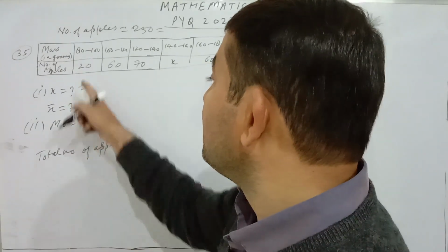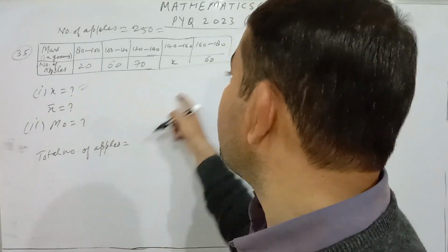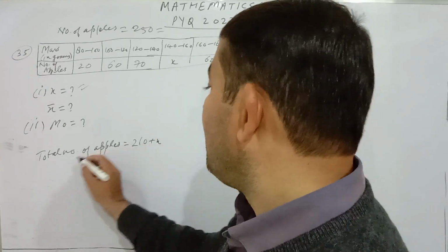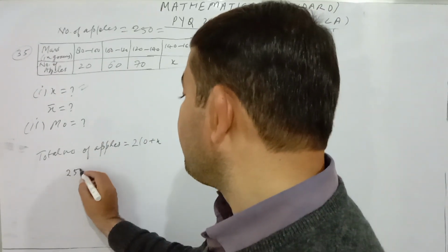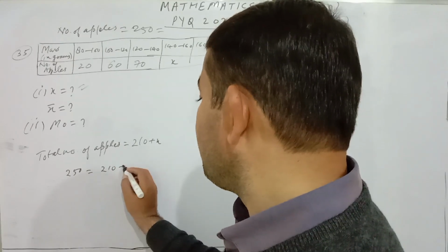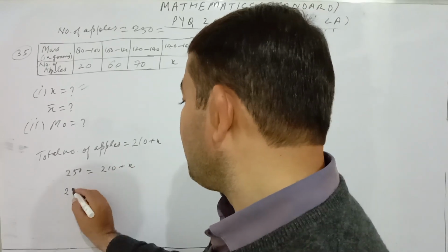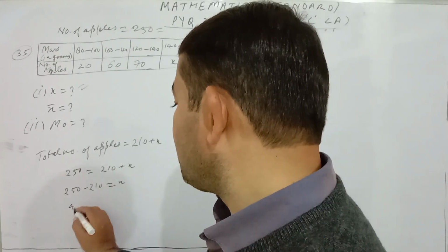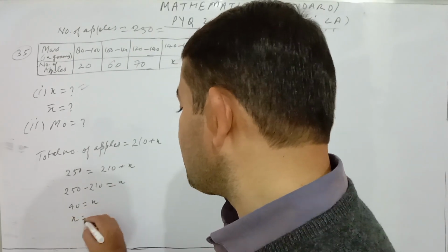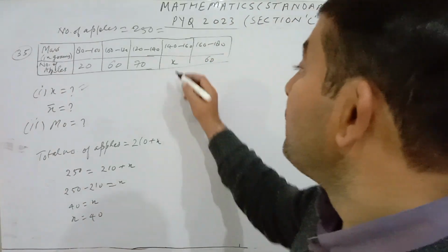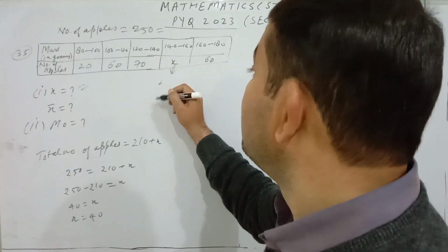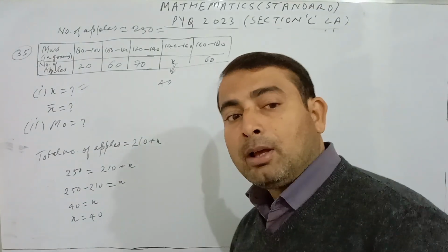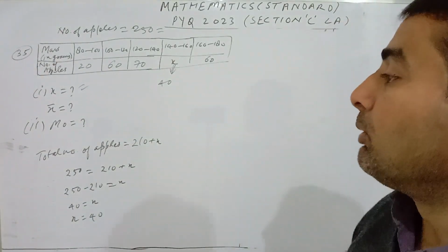So it will be 210 plus x. And total number of apples is 250, equals 210 plus x. So 250 minus 210 equals x. Then 40 equals x. Then x equals 40. So what will be the value of x? It will be 40. This has been solved.